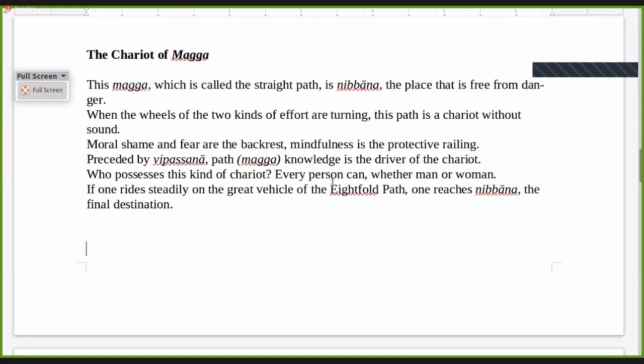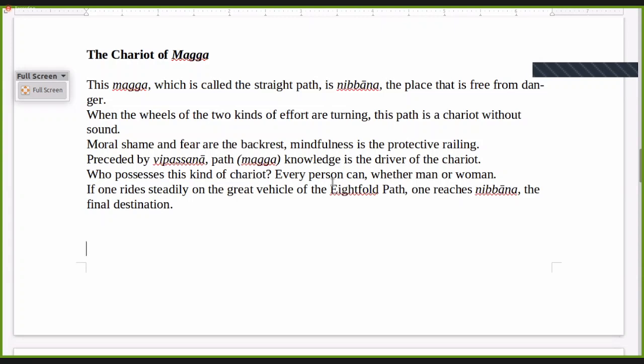So in accordance with the last verse, the owner of the eightfold mega vehicle, irrespective of sex, is definitely bound to reach Nibbana. So it is very clear that anyone who desires to reach Nibbana must develop Ariya Mega based on the Vipassana Mega.